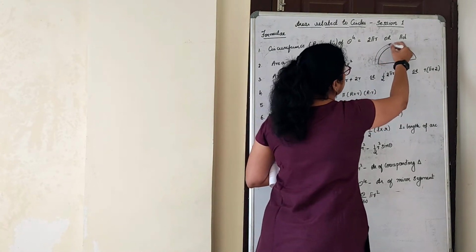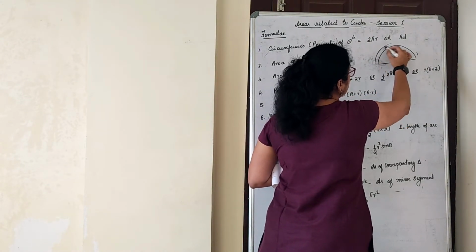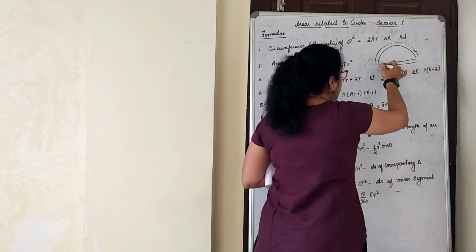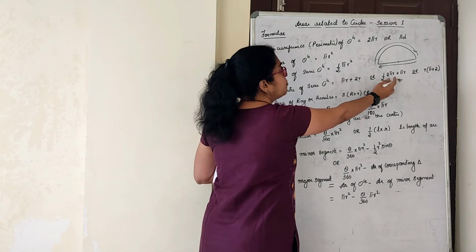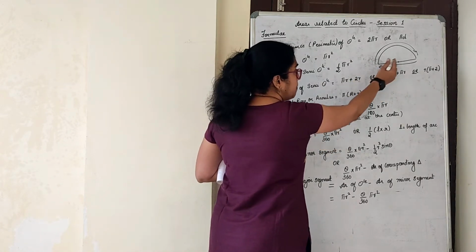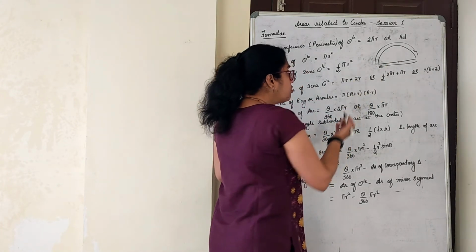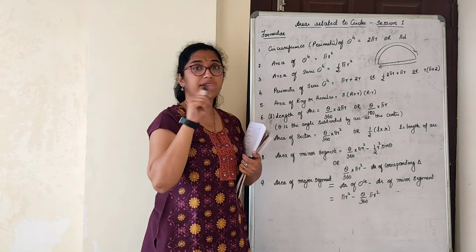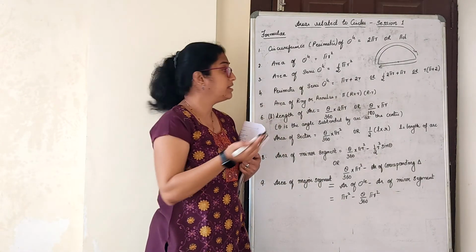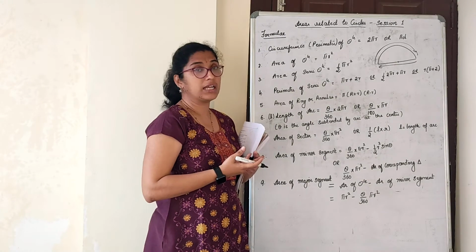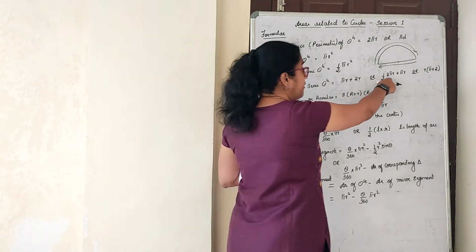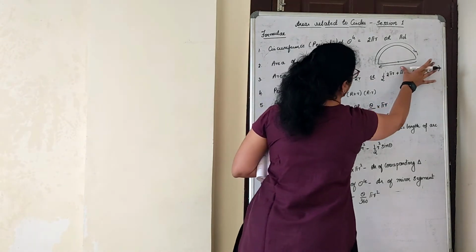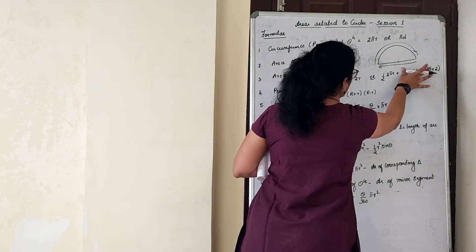We thought we are supposed to find the perimeter, but the ant is moving in this direction and also in this direction. So what is it? Simple. It is half 2 pi r, that is pi r, plus 2r, which can also be written as diameter, plus d. So pi r plus 2r is the perimeter of the semicircle, or half 2 pi r plus 2r.